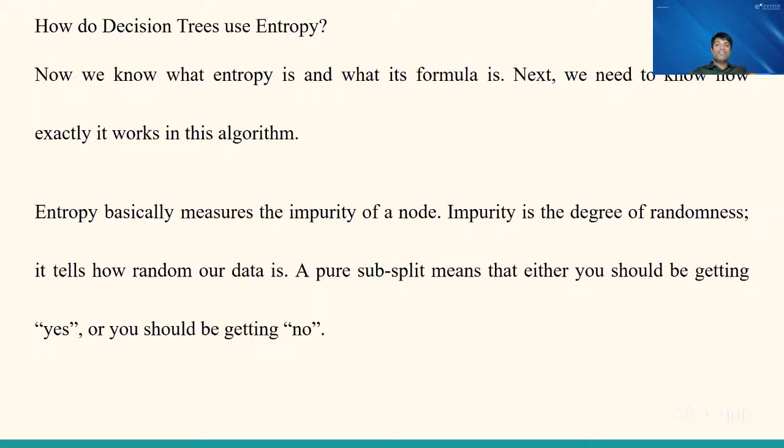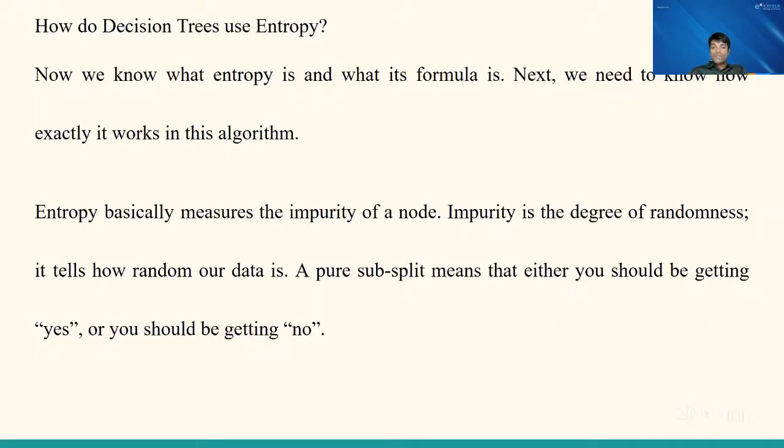One more word is the degree of randomness; it tells you how random our data is. So there are many ways to remember entropy: impurity in the data, amount of randomness in the data, the uncertainty in the data. All of these lead to the concept of entropy.